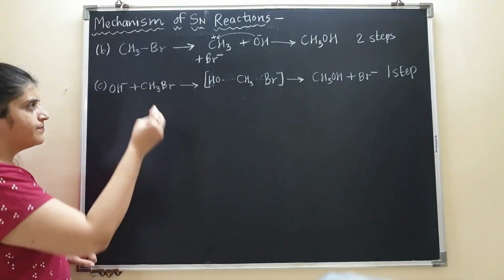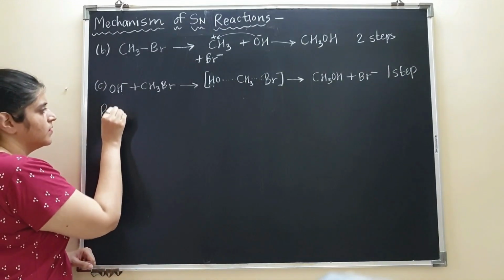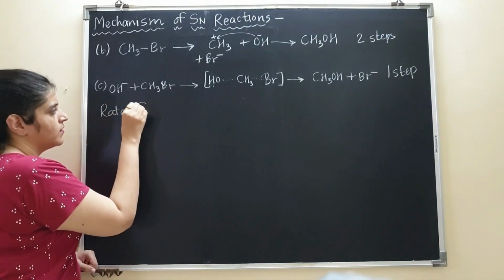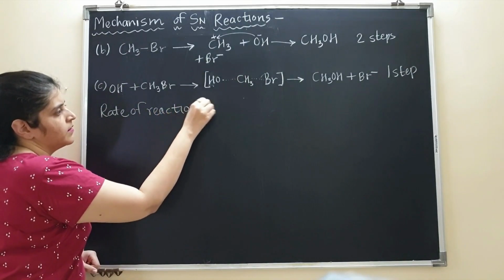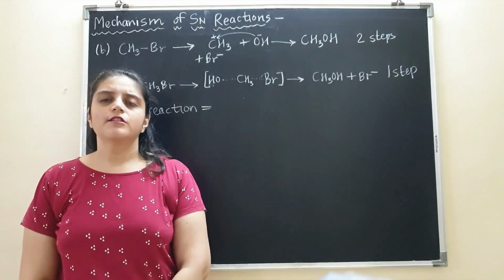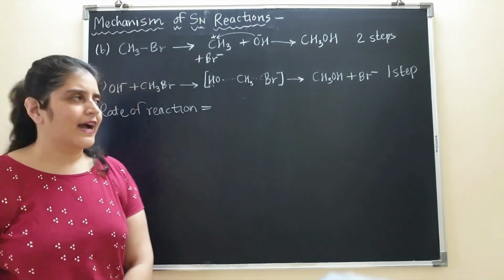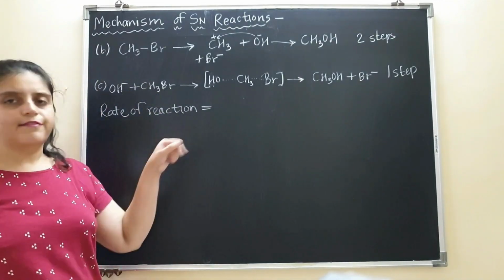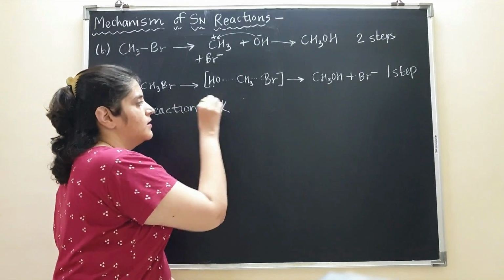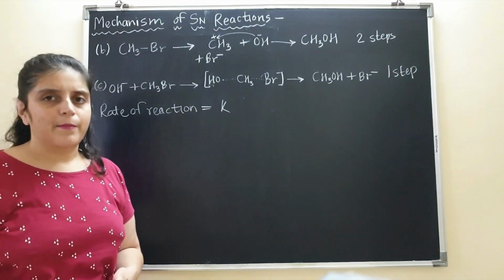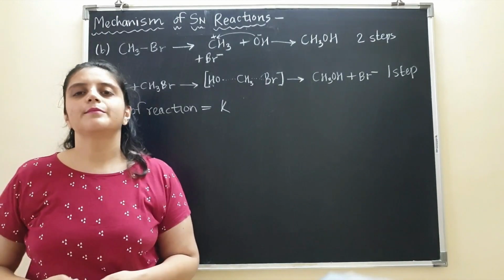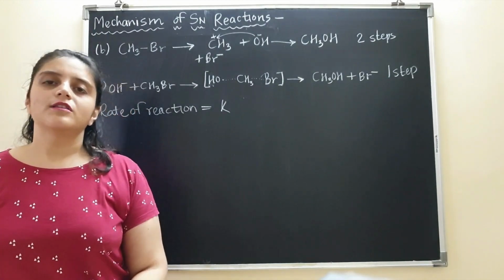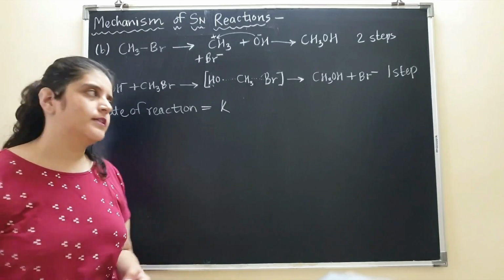Now, if we carry out some kinetic study of the reaction, it is observed that the rate of the reaction is directly proportional to the concentration of CH3Br, that is methyl bromide, as well as the concentration of the nucleophile OH minus.